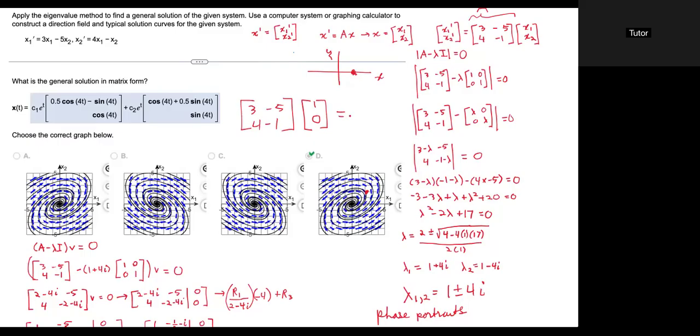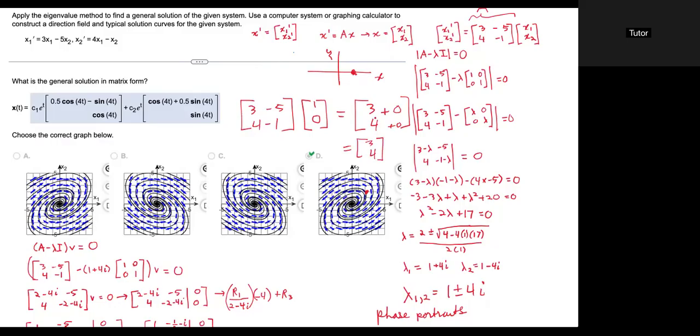And when we multiply these two matrices together, we get 3, because 3 times 1 is 3, minus 5 times 0, which is 0. And we have 4 times 1, which is 4, minus 1 times 0, which is 0. So we have 3, 4. Sorry, not 3 over 4, but 3, 4.